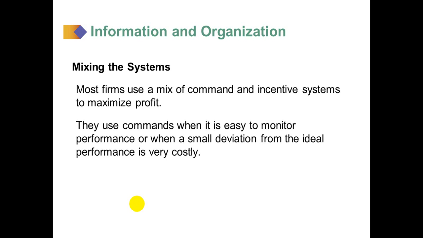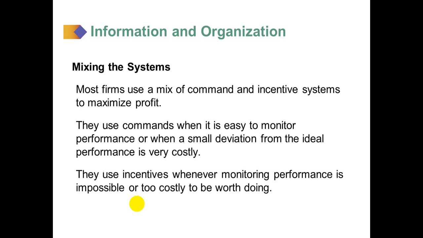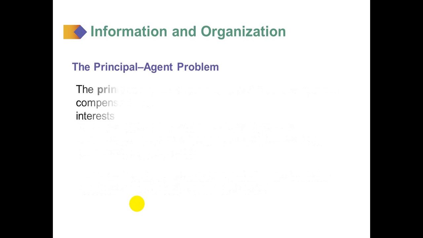They use commands when it's easy to monitor performance or when a small deviation from the ideal performance is very costly. They use incentives whenever monitoring performance is impossible or too costly to be worth doing.